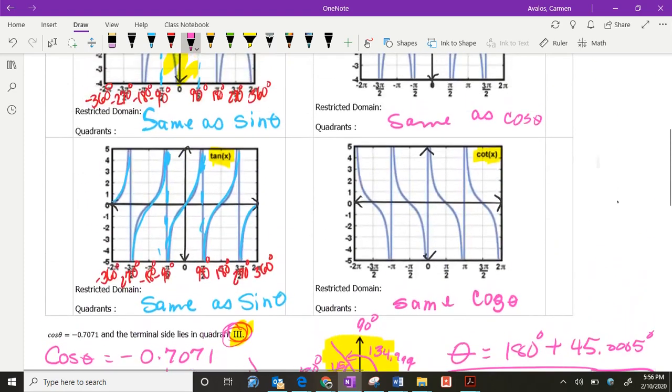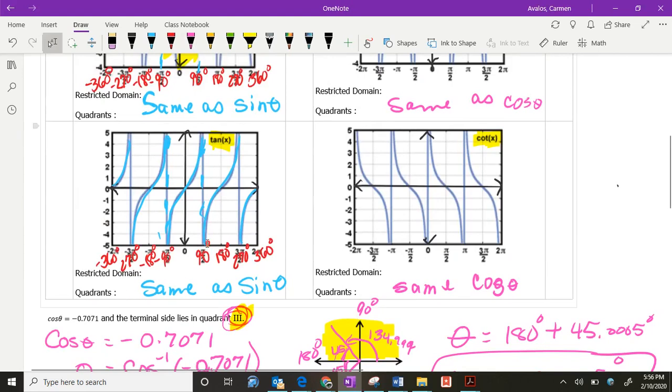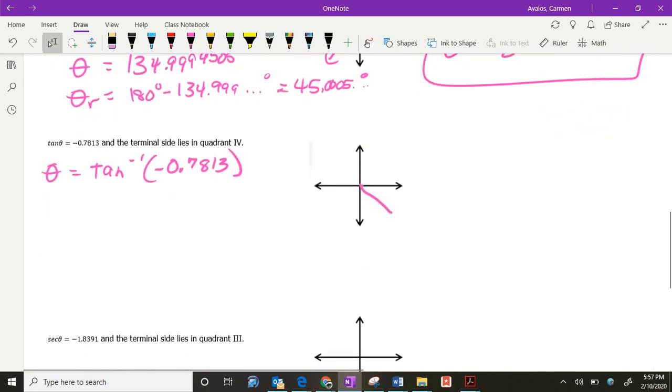Now the inverse is restricted to quadrants 1 and 4, so between negative 90 and positive 90 degrees. So when you do this, if it's a negative, it's going to put it in this quadrant right here. When it puts it in this quadrant, it's going to be from 0 degrees to negative 90 degrees.